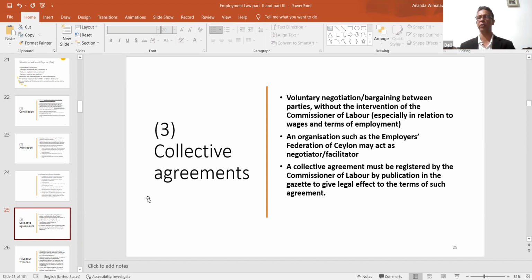That is a process. They sit down and discuss with the management. In order to give some legal background or legal authority for them to discuss with the management, we have legal provisions in the Industrial Disputes Act, giving recognition for the trade union to discuss with the management.